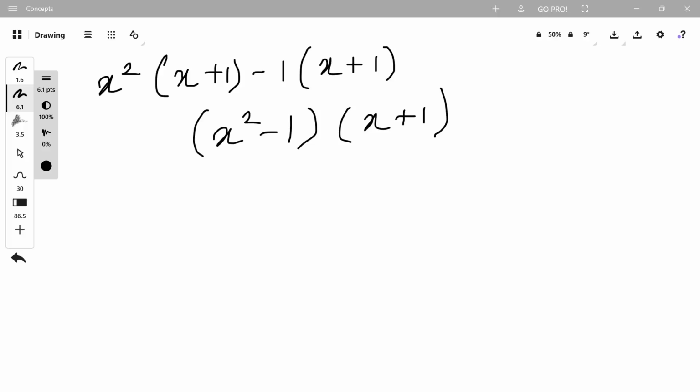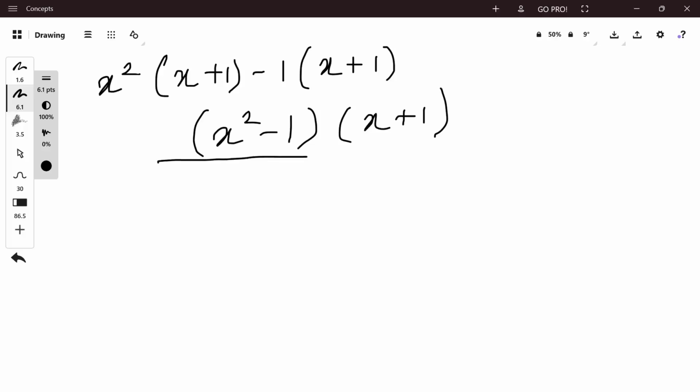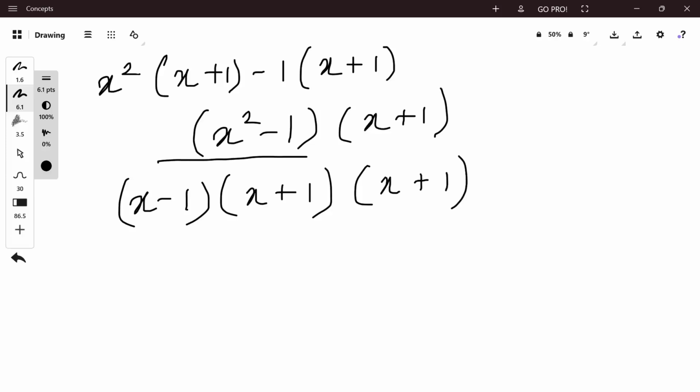The term x square minus 1 is a difference of squares, a square minus b square, which is equal to (a plus b)(a minus b). That is (x minus 1)(x plus 1)(x plus 1).